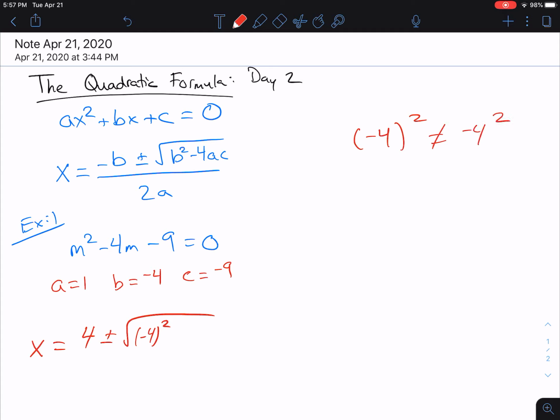If you don't put it in parentheses, the calculator will give you 16 on one side, which is the correct answer, but the other side will give you negative 16. Now, remember from class, we've had this discussion before. Getting back, we'll have minus 4 times 1 times negative 9 all over 2 times 1.